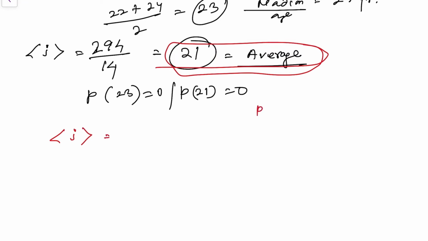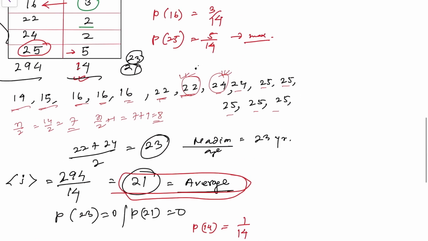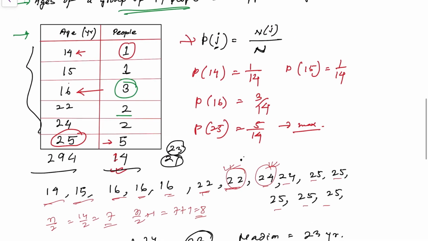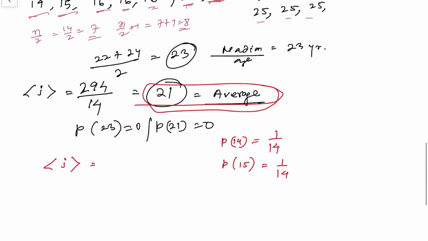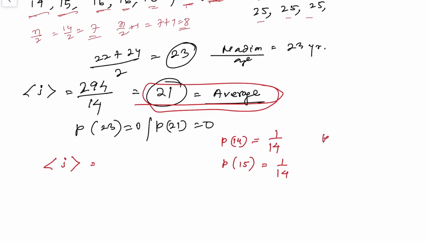Suppose we know the probability of getting 14 is 1 by 14, the probability of 15 is 1 by 14, and the probability of getting a member of 16 years is 3 by 14.